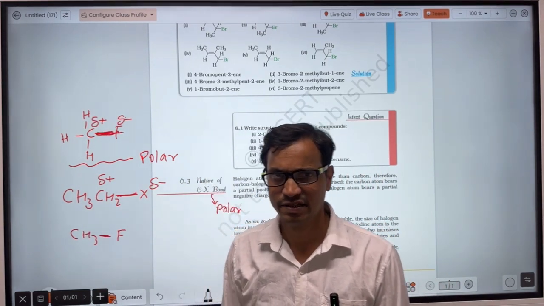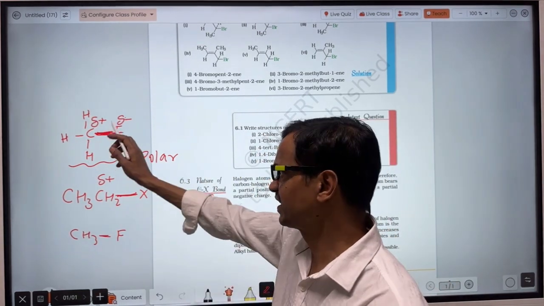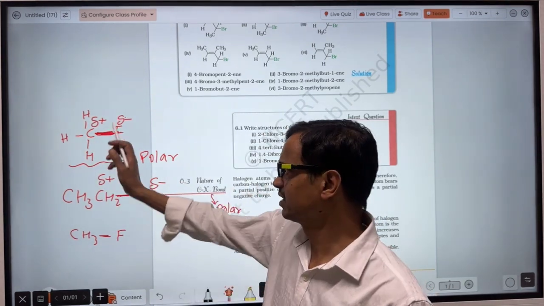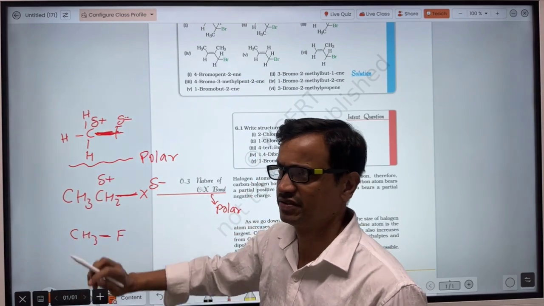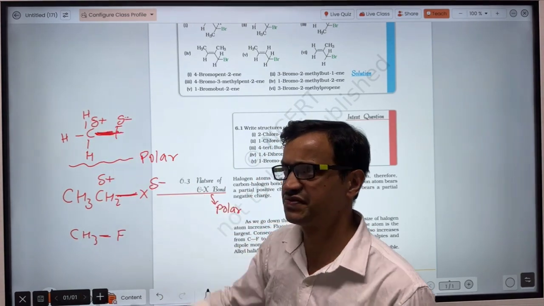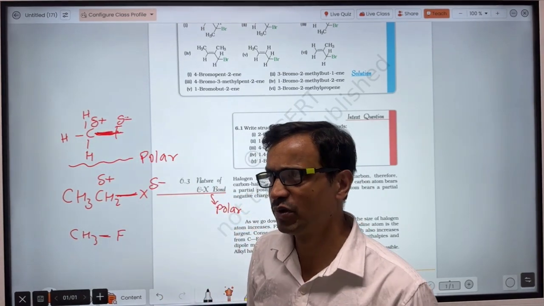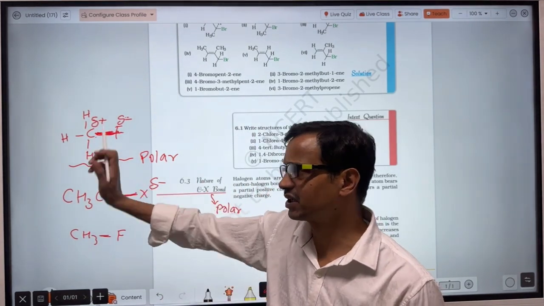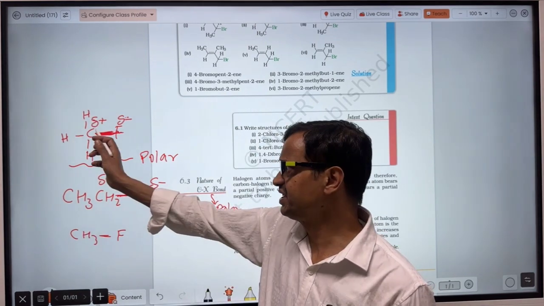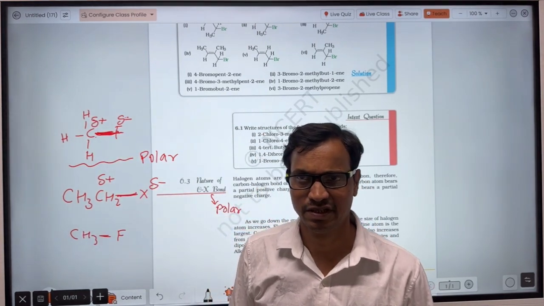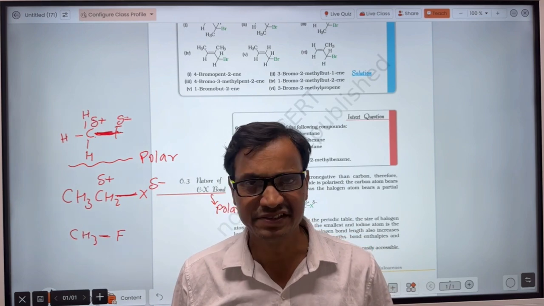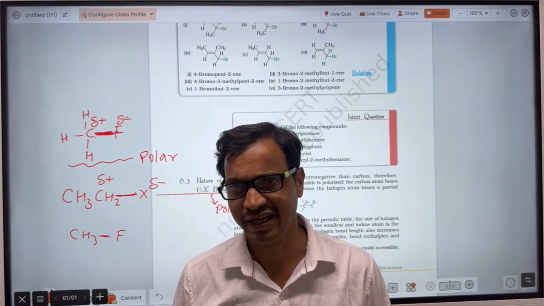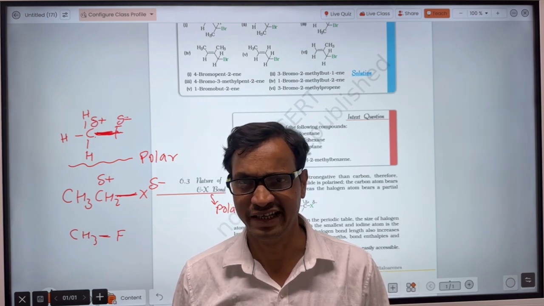Since the magnitude of the negative charge and the positive charge will be the same, the dipole moment will also equal the magnitude of the positive charge on the carbon atom times the C-F bond length. So the dipole moment here depends on two factors, electronegativity and bond length.